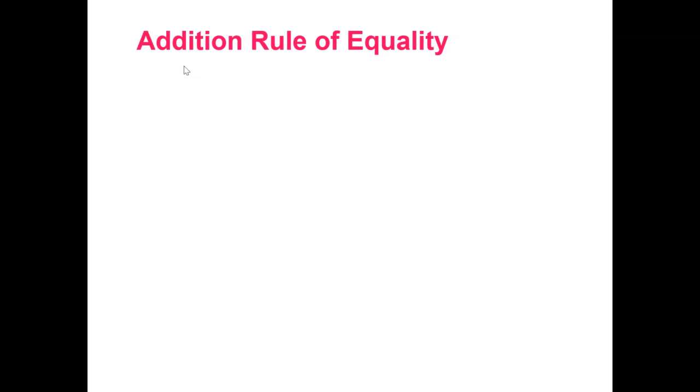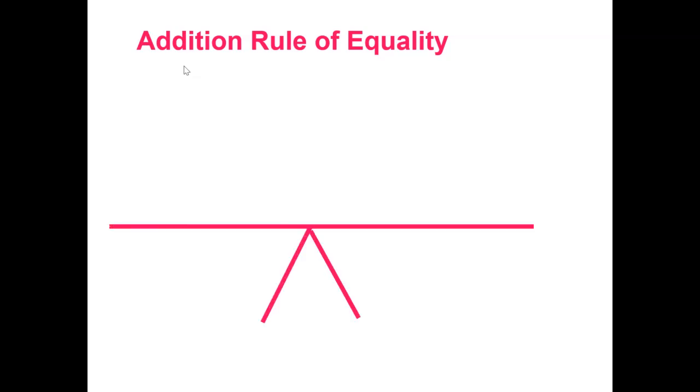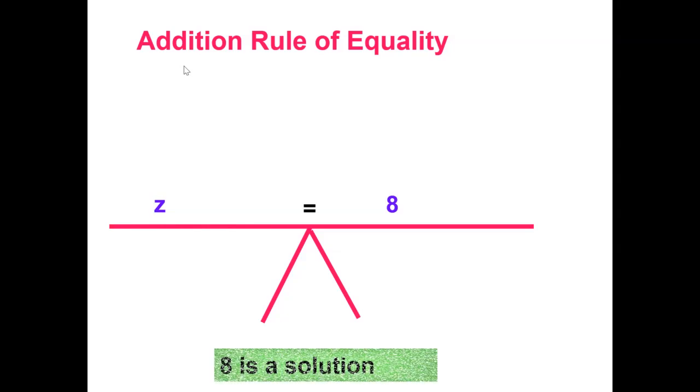Let's understand the addition rule of equality now. Here's the balance, and z equals 8, meaning it's balanced right now. If I add a positive 6 on one side, to keep the balance, I should add positive 6 on the other side as well. Now my new equation will be z plus 6 equals 8 plus 6, which is 14.